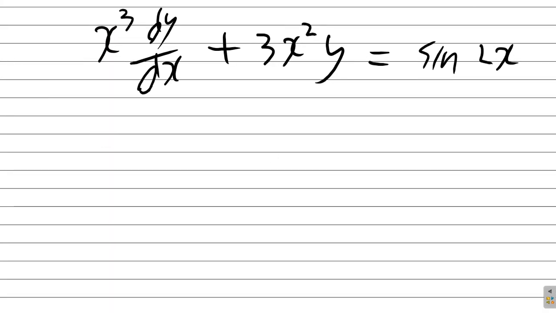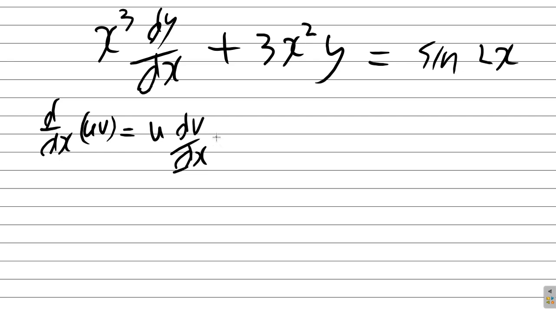Now remember the product rule, what it says is that d by dx of uv is equal to, you hold u as it is times differentiate v, dv by dx, plus you hold v as it is times differentiate du by dx. Alright? So this is the product rule.